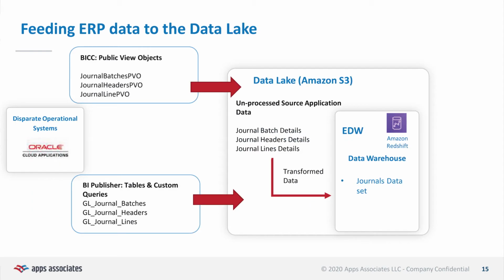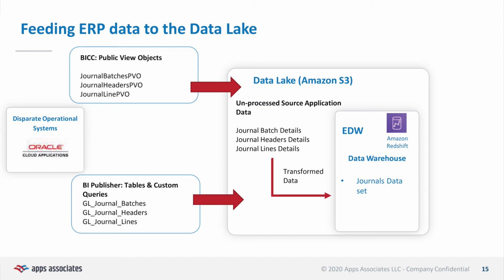So just to conclude, our approach to extracting data and feeding it into a data lake or enterprise data warehouse is based on the customer's needs. Sometimes we use BICC, sometimes we use BI Publisher, but based on our experience working with various customers, Apps Associates created our own automated extraction routine from cloud applications to feed the data lake as unprocessed data, then transform the data into Redshift.